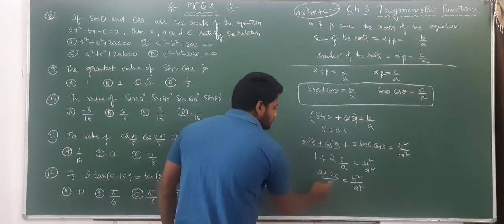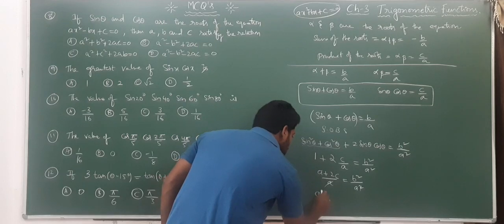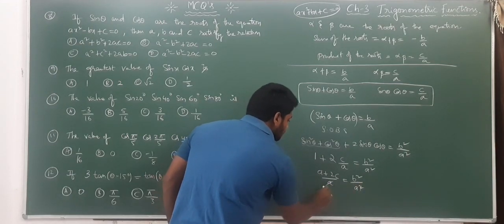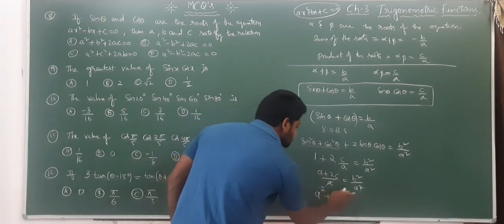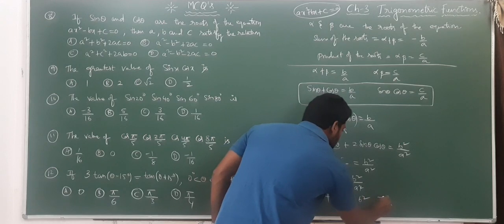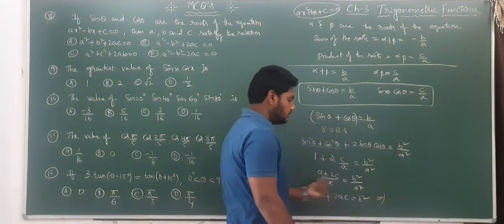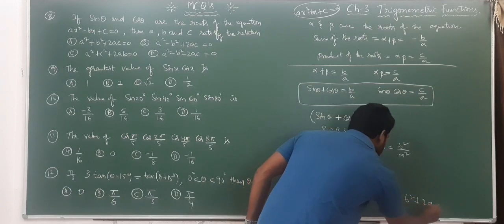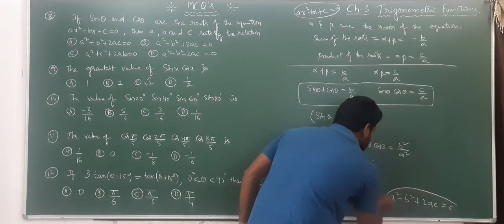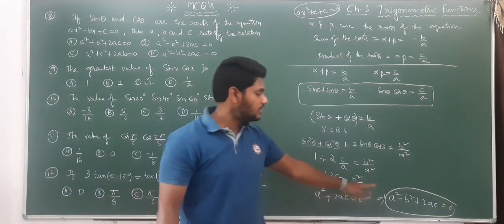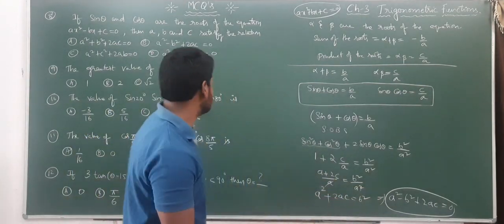Now multiply: a into a square, a square cancels, a into 1 is a, a into 2c by a is 2ac... so we get a square plus 2ac equal to b square. Then if you write it on one side, it will become a square minus b square plus 2ac equal to 0. So this is the obtained equation: a square minus b square plus 2ac equal to 0.